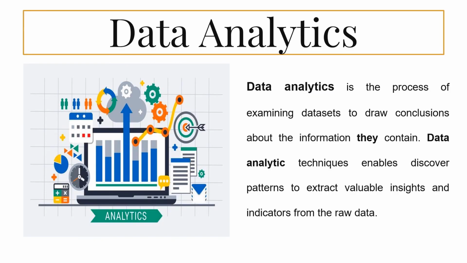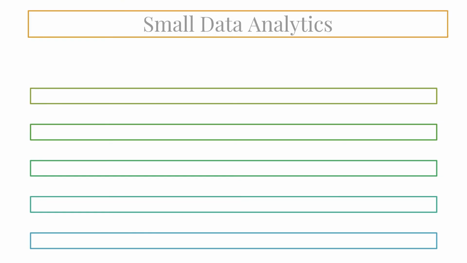Data analytics, on the other hand, is the process of examining data sets to draw a conclusion about the information this data set contains. Data analytics techniques enable us to discover patterns and extract valuable insights and indicators from the raw data. Let's talk first about small data analytics.